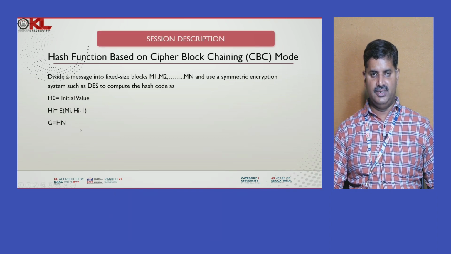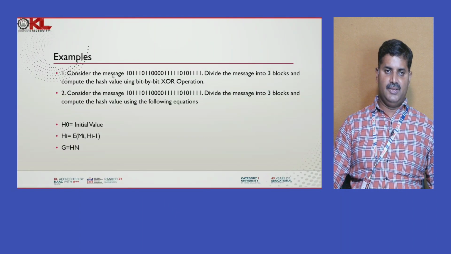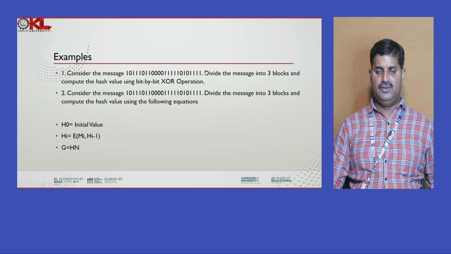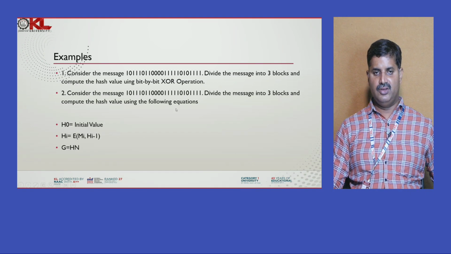G is equal to Hn. These are examples of hash 1 and hash 2. Consider a message of 16 bits, divide it into 3 blocks, and compute the hash value bit by bit. Do the same for the second function.